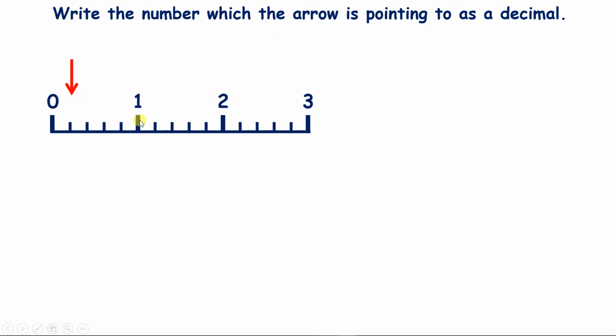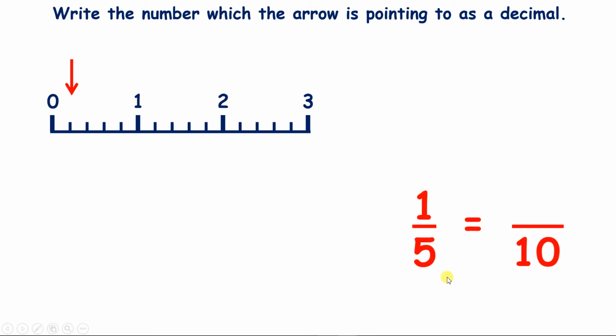Now for this number line, we have our whole numbers labelled, but rather than 10 lines between each whole number, we only have 1, 2, 3, 4, 5 lines. So each line is 1/5. Now we need to work out how to write 1/5 as a decimal.